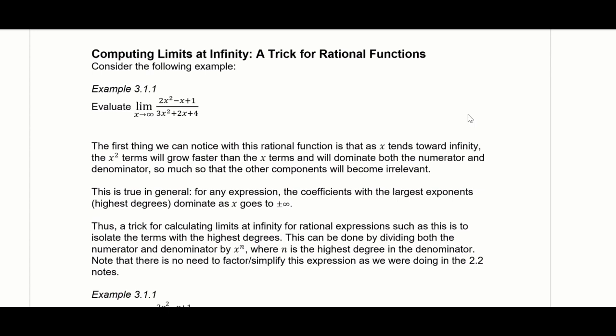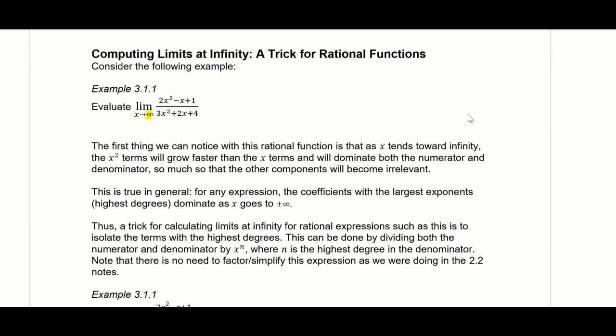So let's use this to demonstrate what I'm talking about. Here we're taking the limit as x goes to infinity of this rational function, a polynomial divided by another polynomial. Now notice that both our denominator and our numerator terms involve x squared and just plain old x and some plain old constants.